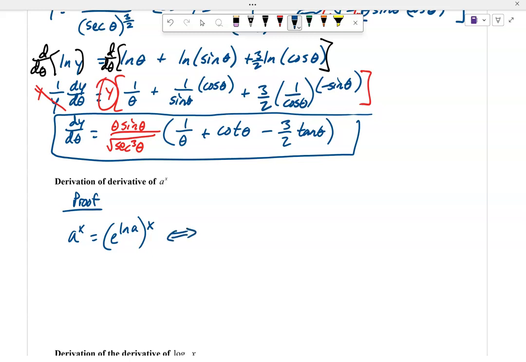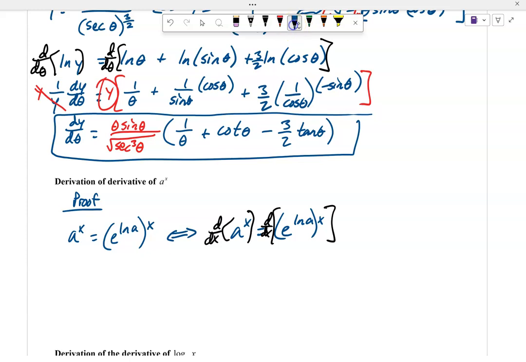So if I go ahead and take the derivative of both sides of that, derivative with respect to x, then what would we have here?